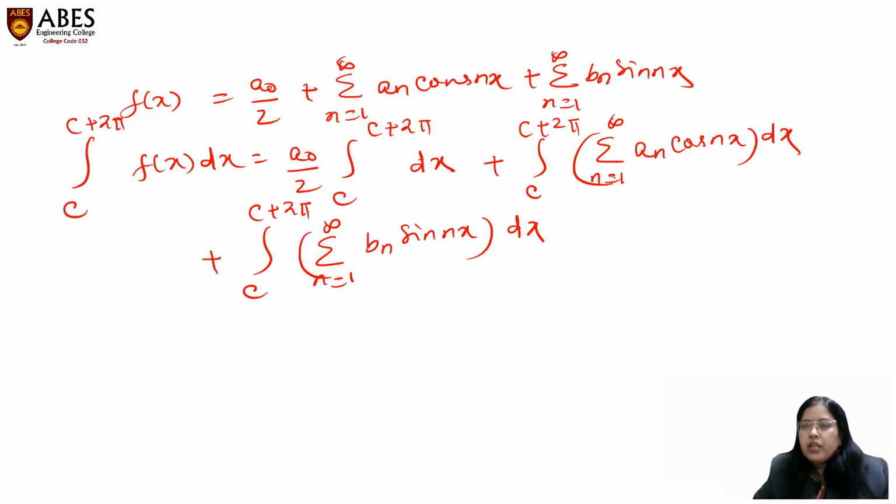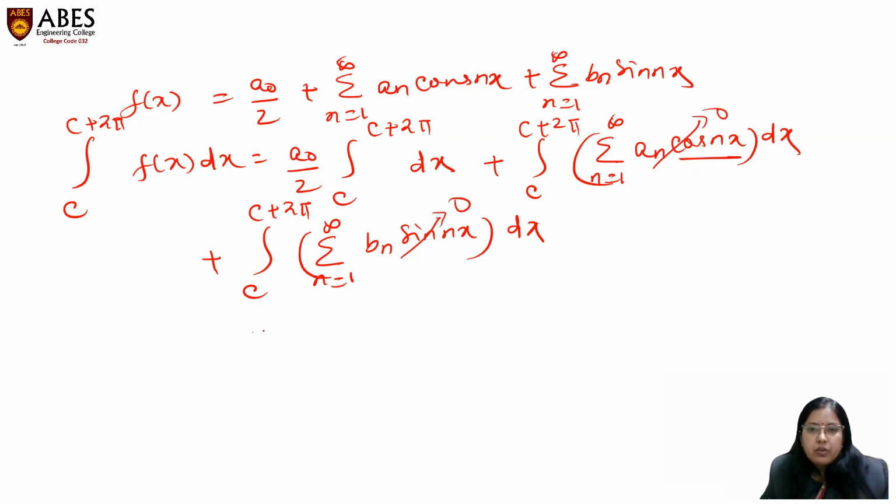Now we have already used this formula. We can take the summation outside because these are continuous functions. So the integral c to c plus 2 pi of cos nx dx, we have already used this formula, and this value is equal to 0, and the integral of sin nx is also 0.